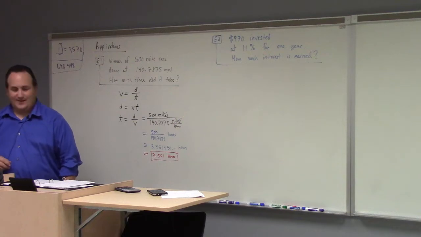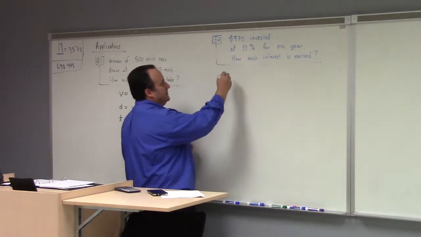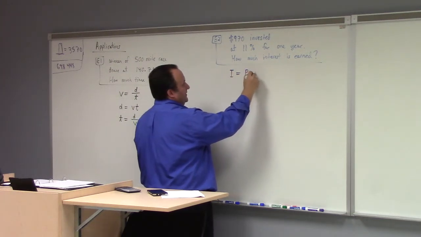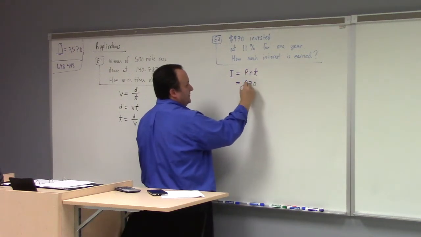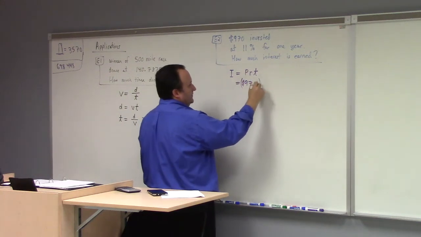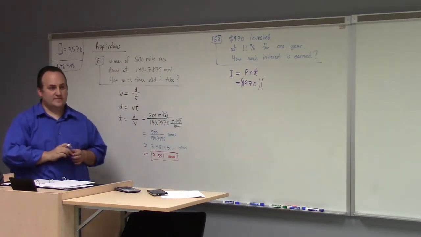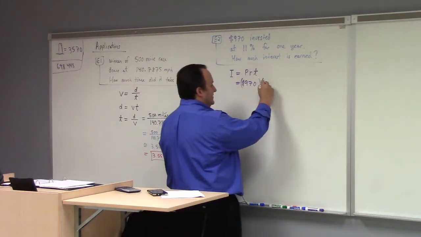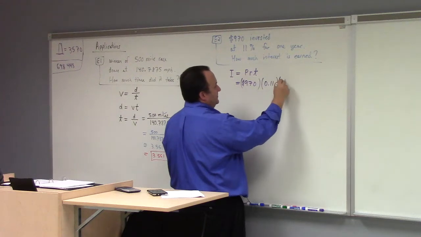So I, interest, is equal to the principal times the rate times the time. In this case, the principal is $970. The rate is 11%, but we write 0.11. And then time, 1 year.